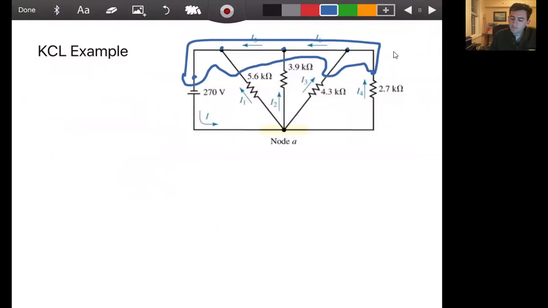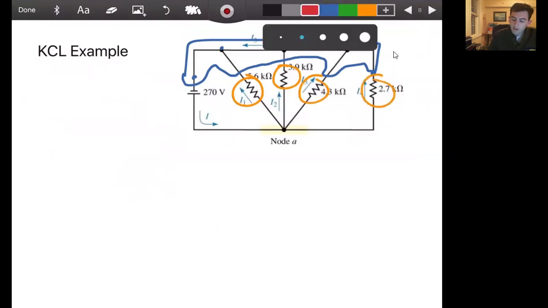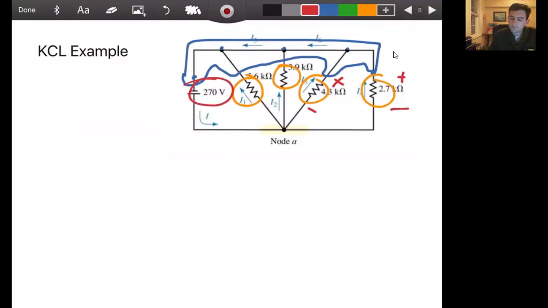That's all one node. Therefore, I can say that each of these resistors is in parallel with one another. Therefore, the voltage drops across each of these resistors is also going to be equal. And not only equal to each other, equal to 270 volts.